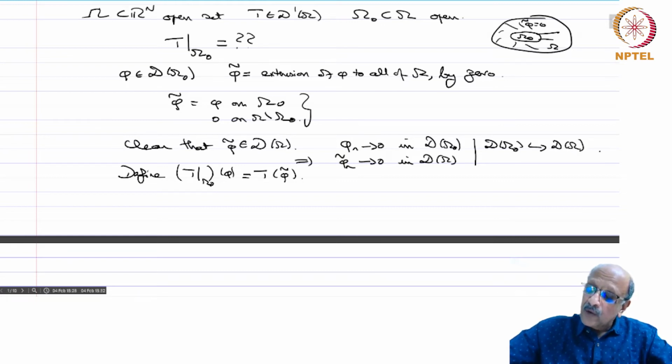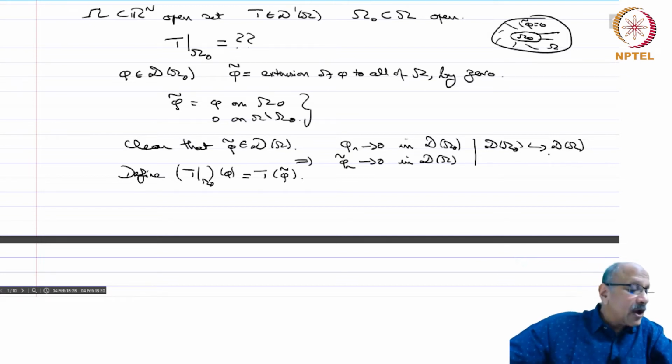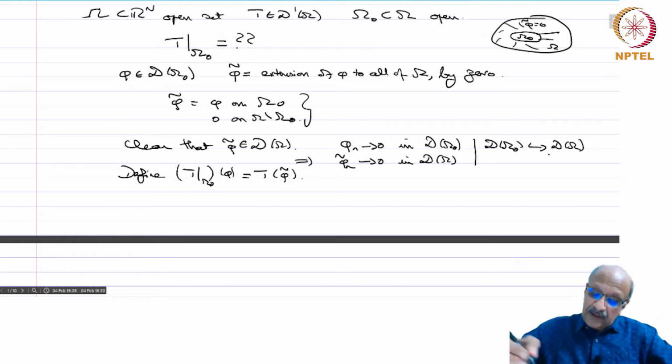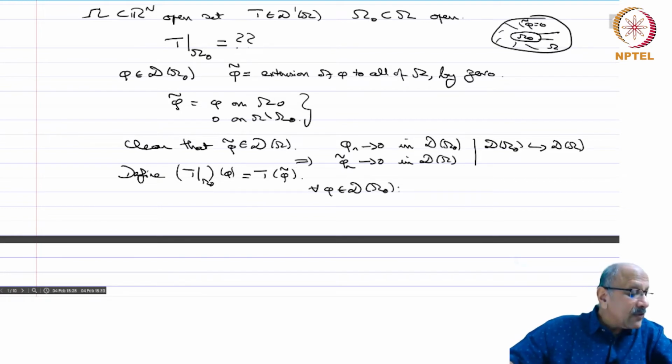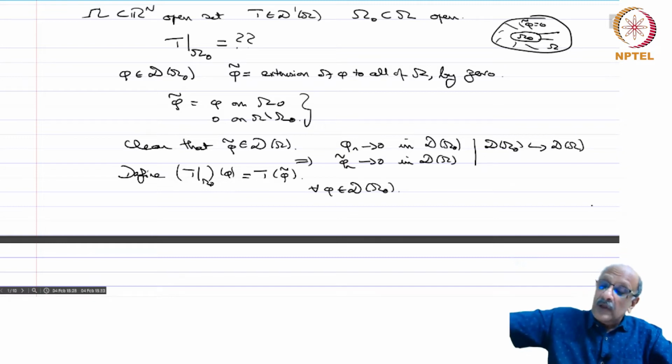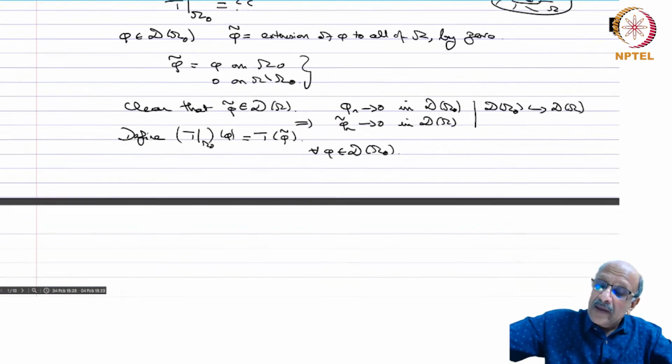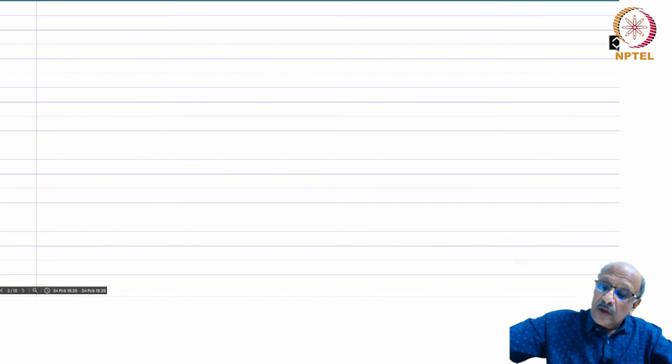This hooked arrow means that the inclusion is a set inclusion and the inclusion map is also continuous. So we define this for all phi in D of omega naught. In this way we can define what we mean by T restricted to an open set.